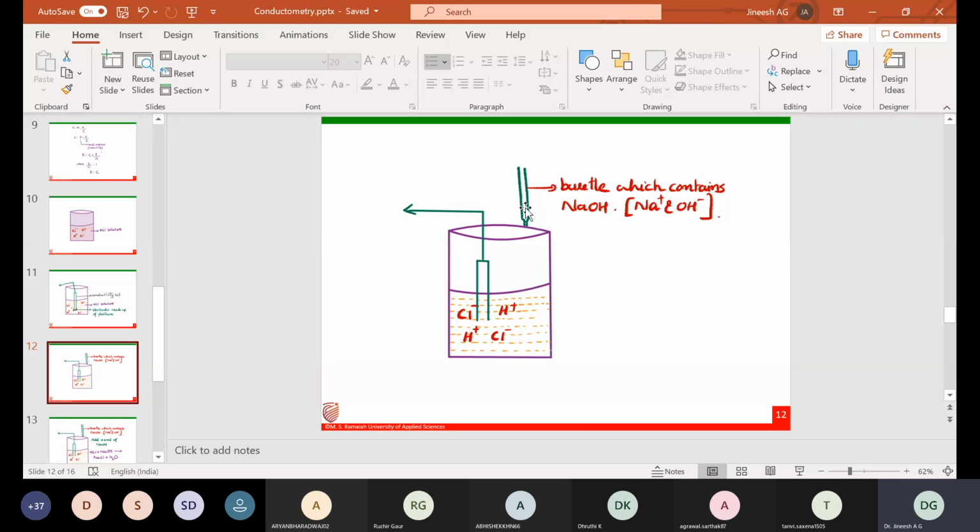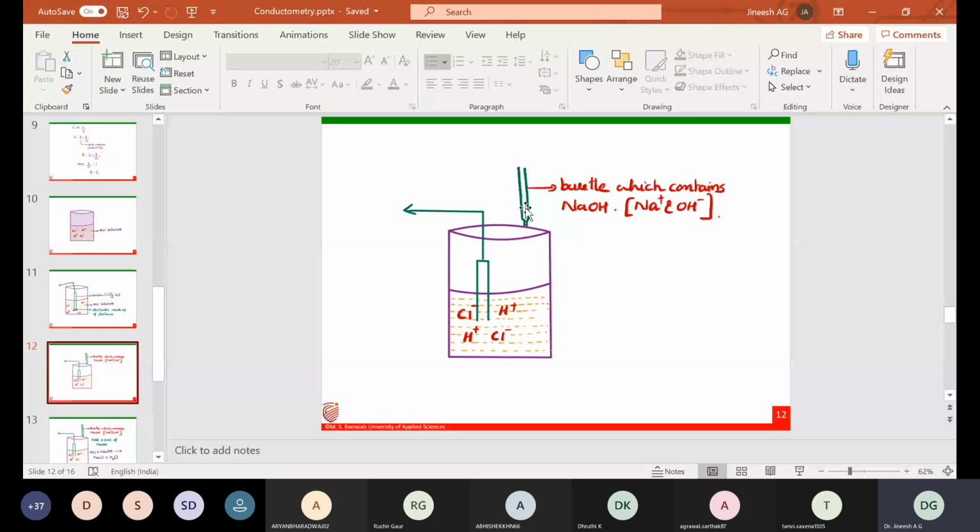So the conductivity of hydrochloric acid solution as such is very high, due to the presence of a higher number of H plus ions, which have higher mobility because of their small size. Got my point? Any doubt?